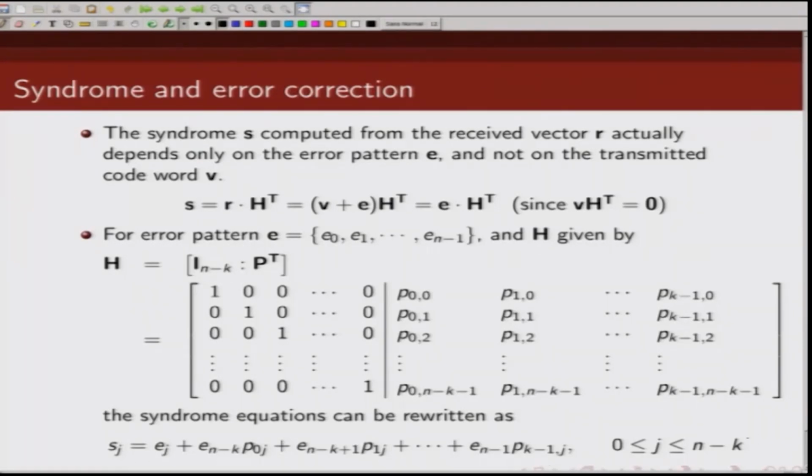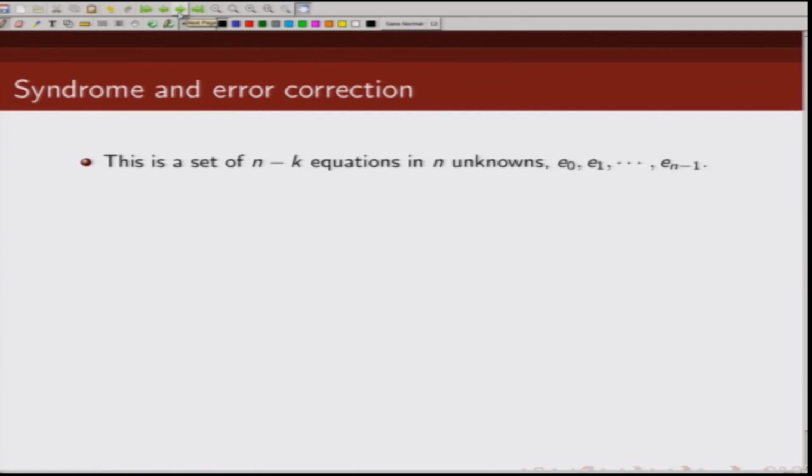These are basically your n minus k syndrome equations. So, to recap what we have said so far, for error detection we need to compute the syndrome, and if the syndrome is non-zero, that means an error has occurred.